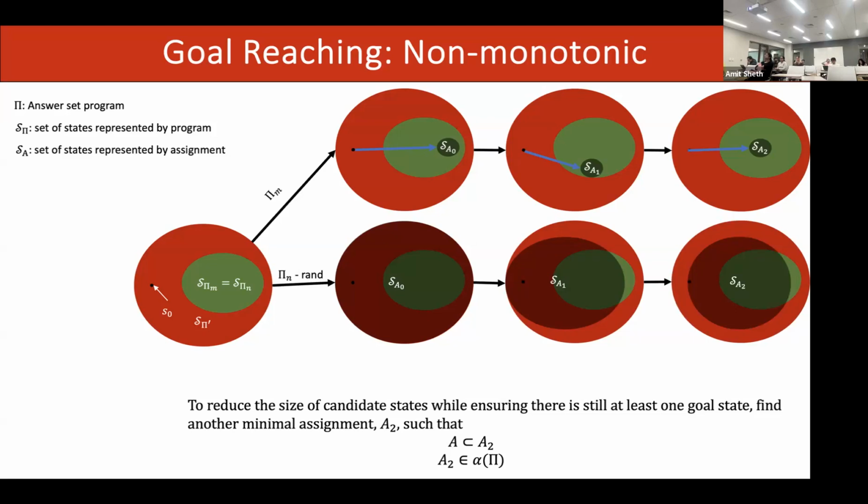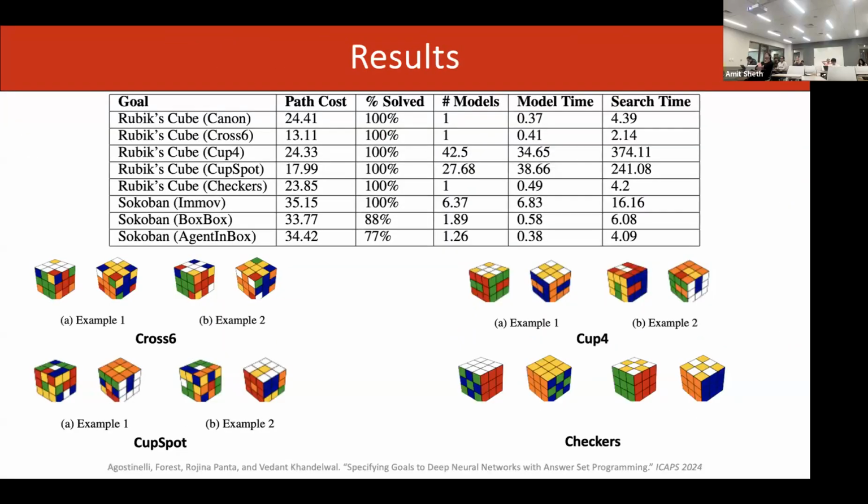But the problem with this approach is that this subset does not take into account why the path that I found was not a goal state. So, for example, I can still get the start state as a potential goal state, even though I've already known that there's no way it can be a goal state. So it doesn't take into account why, and we'll talk about how we can overcome that in a second.